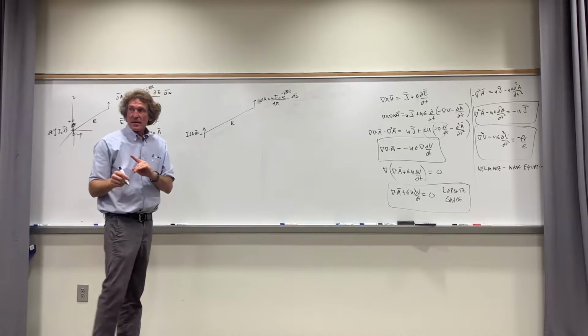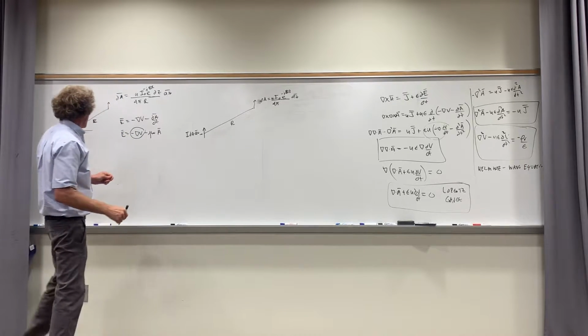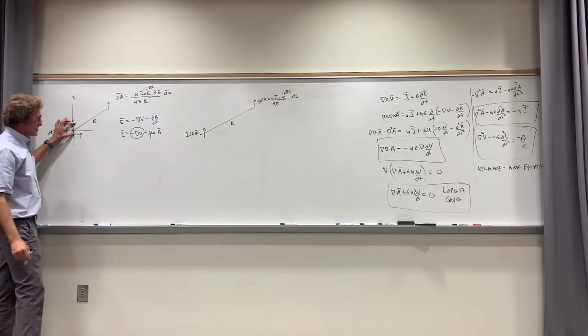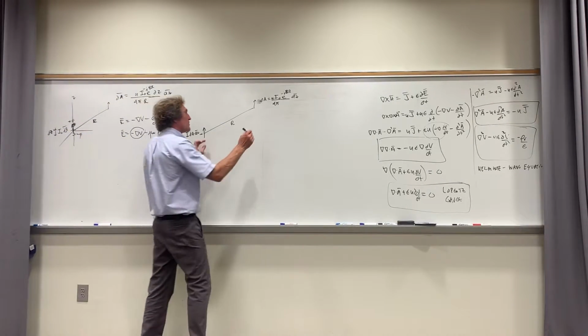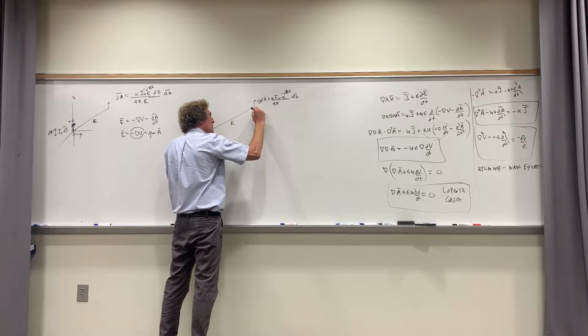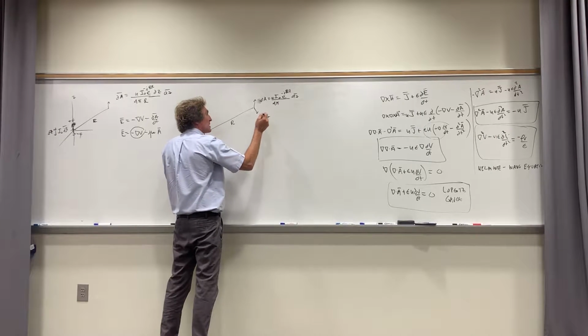But if you want to calculate the E field from that, if you go ahead and calculate these clumps of charge and the V from it, do the gradient operator and everything else, you'll find out that the E field would be in the theta direction.